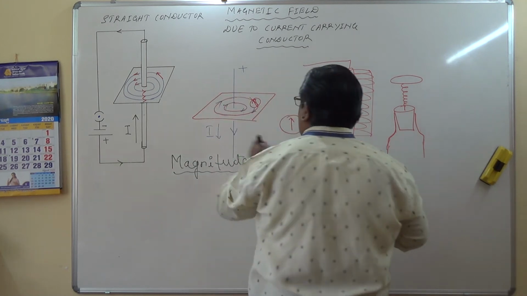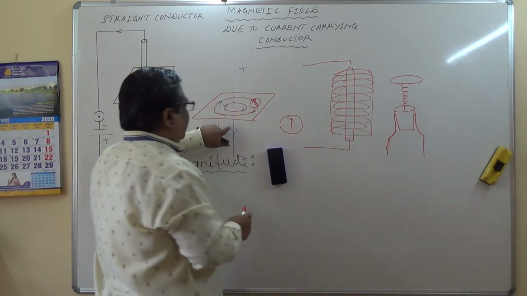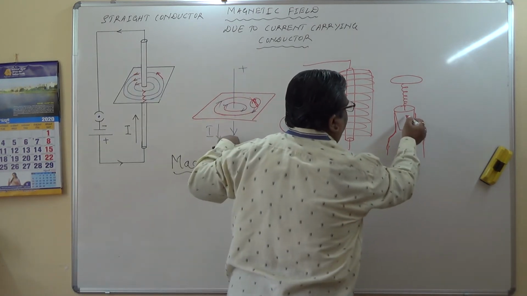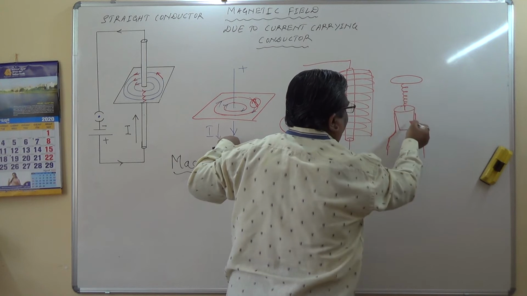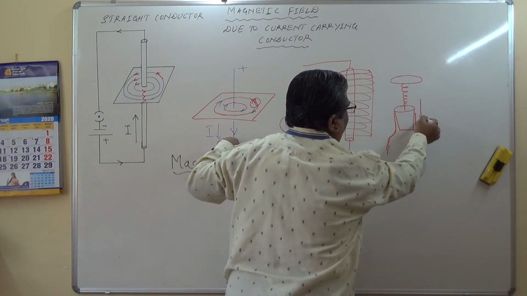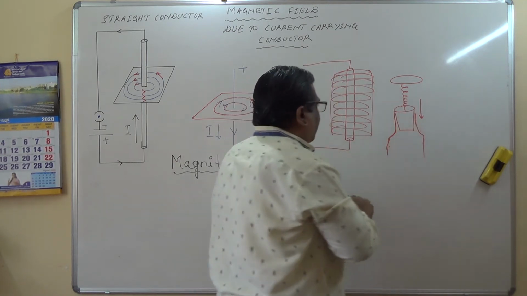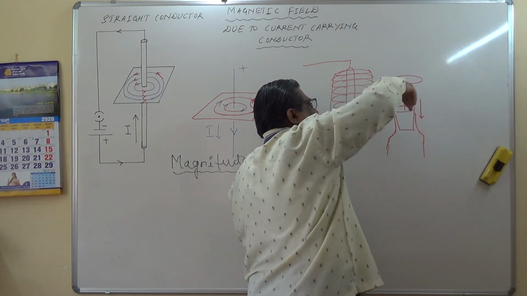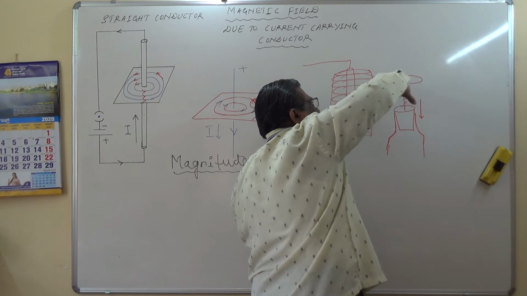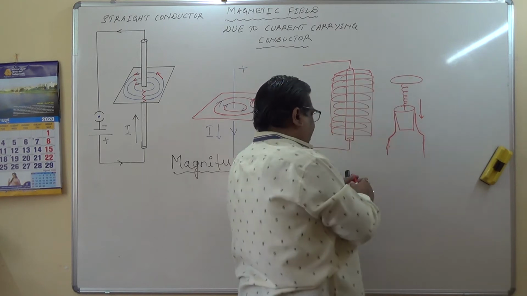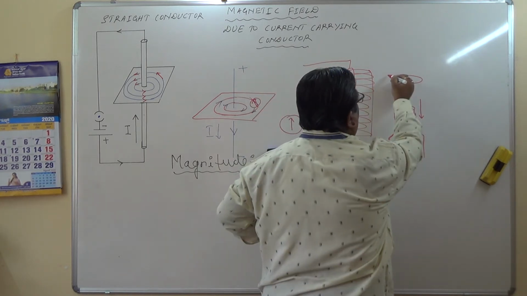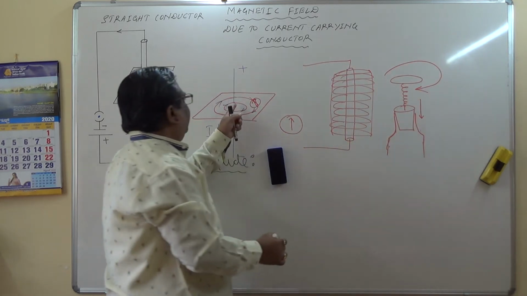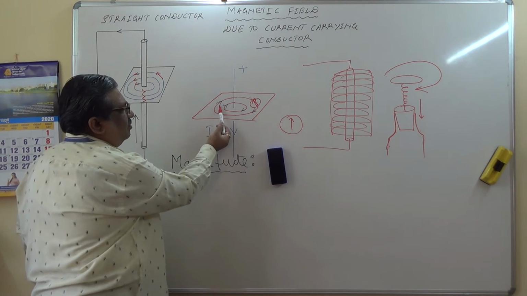Meaning, suppose in this particular case we consider current is flowing downwards. That means the screw is driven towards the bottom. So if it is to be driven at the bottom, then definitely the screw is to be rotated this way. Meaning the direction of rotation is like this. Check here, I have marked this with blue.